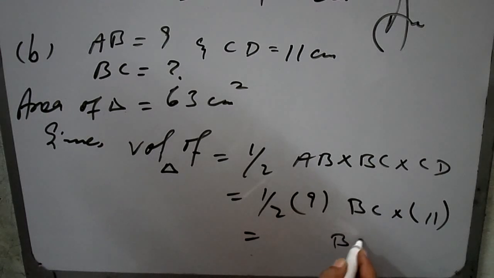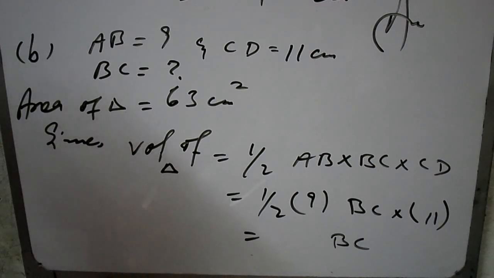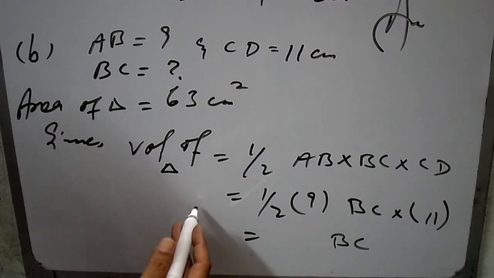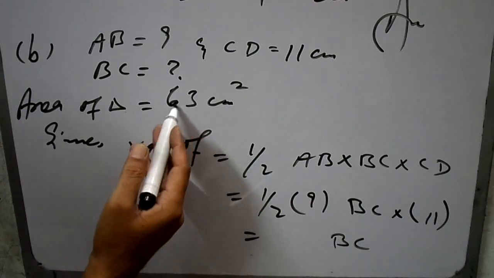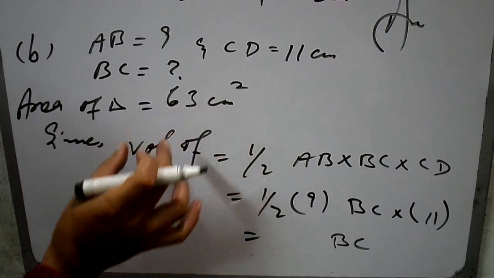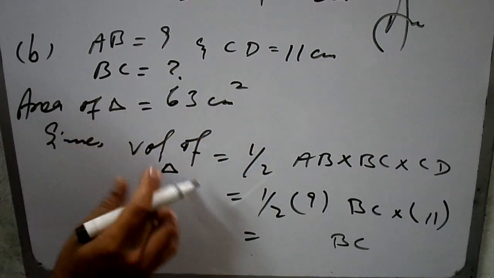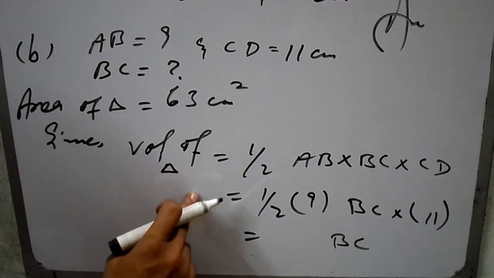And the volume of triangle is given to you, that is equal to 63. It is given to us. Volume is area into height. So you can place here in two portions, one is area and multiply by its height, that is CD. That is equal to your result.